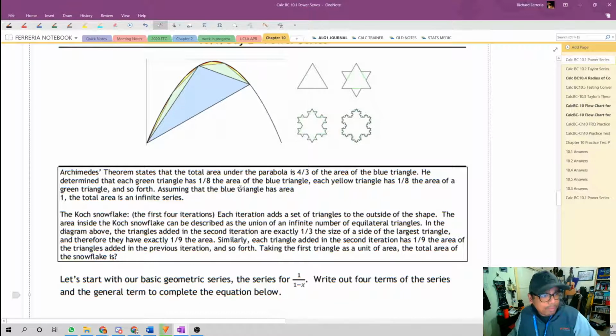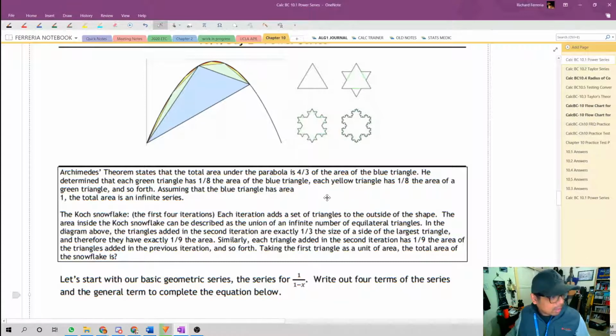So we keep on multiplying the area by 1/8 in order to get the next smaller shape. So assuming that the blue triangle has an area of 1, the total area here would be an infinite series. So here's one place where we can use an infinite series.